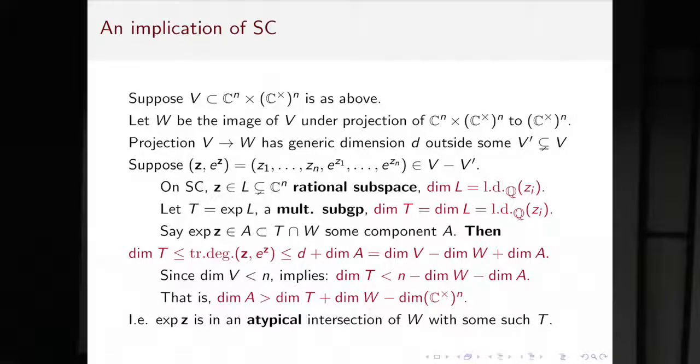And dim V is less than n, because that was our assumption on V. And so the conclusion, if you rearrange all of this, is that this A has an atypically large dimension. The dimension of A exceeds what you'd expect if the conditions on T and W were independent. So this exp of z lies in an atypical intersection.